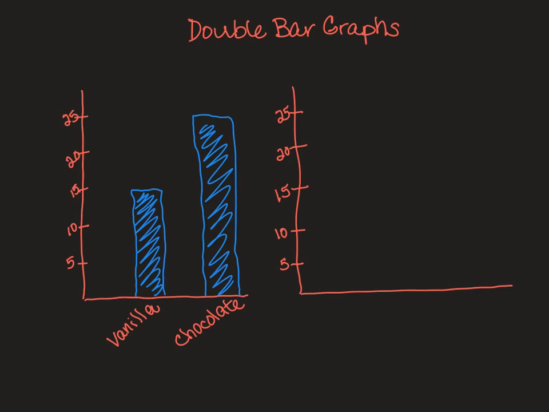Okay, but I want to get a little more specific. So what I'm going to do is I'm going to say, well, is there a difference between boys and girls and in what they like? Okay, so this is how I can use a double bar graph to take the data I have and separate it into an even more specific comparison.